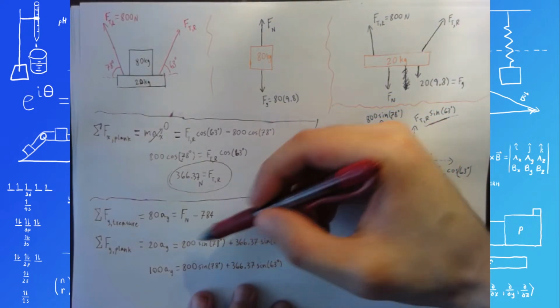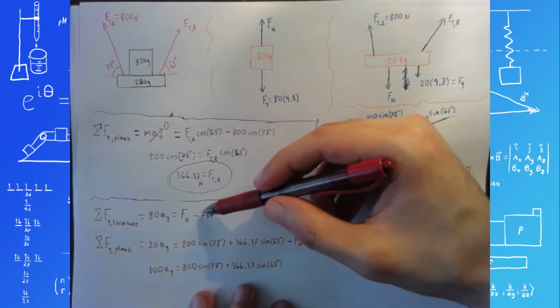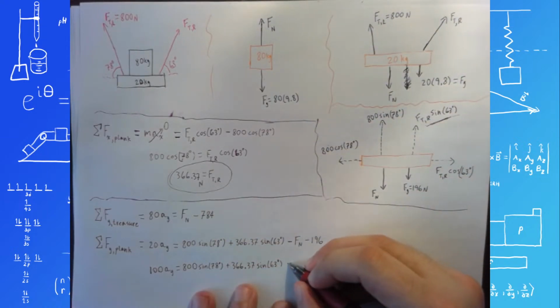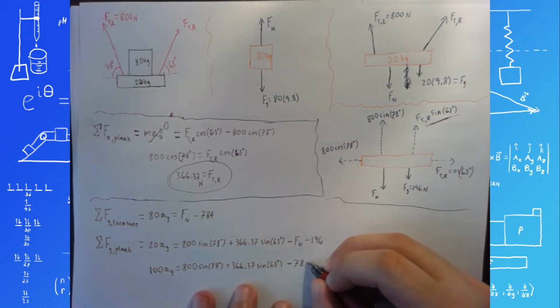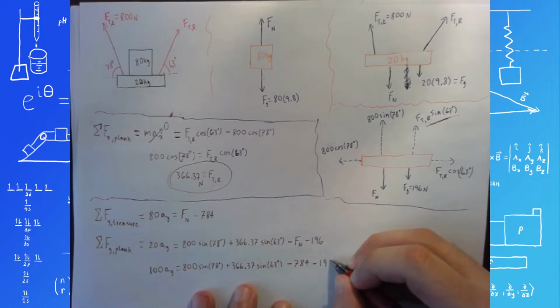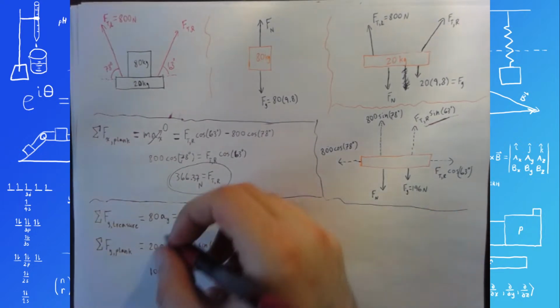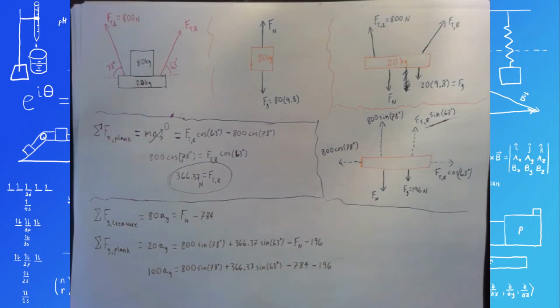Anyway, copied that, and now the negatives. Copy the minus 784 and the minus 196. And that's everything because the normal forces got eliminated.